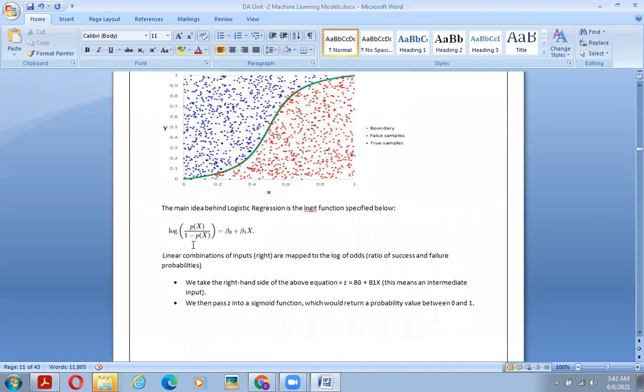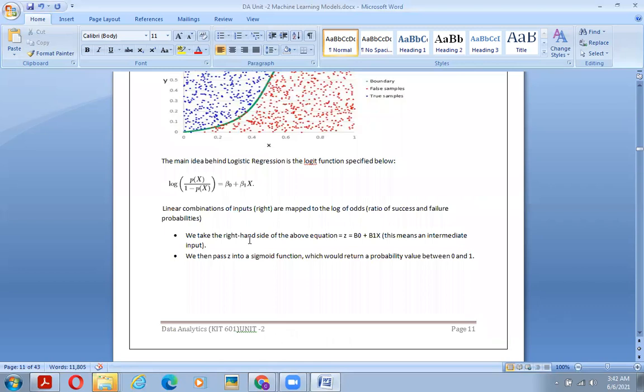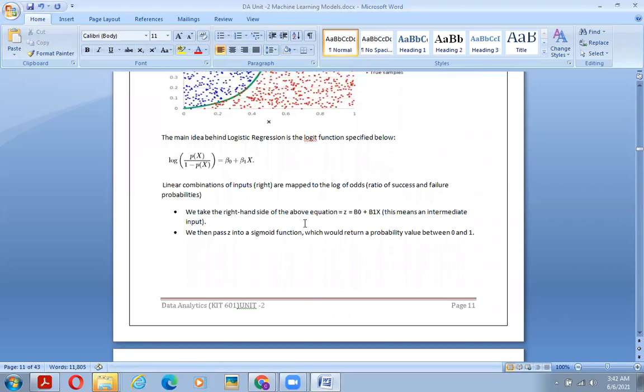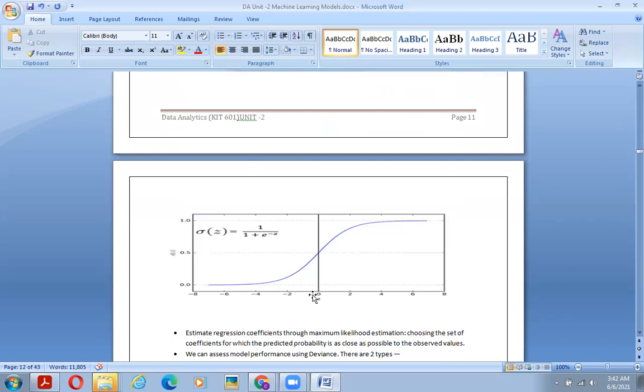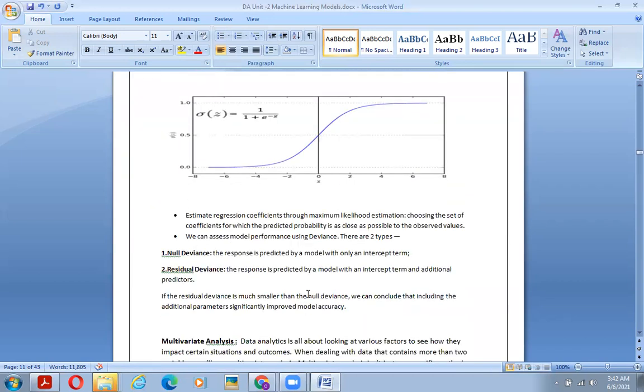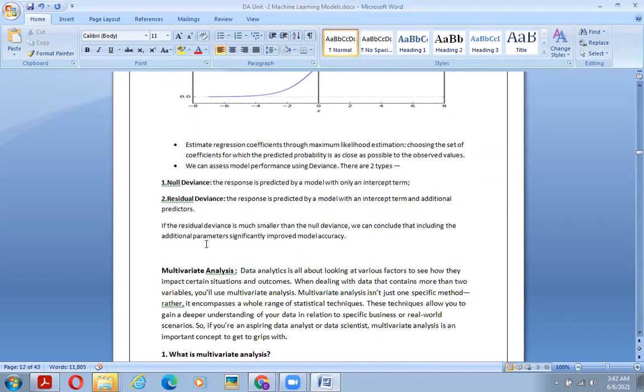For this we need the logistic function: log of p(x) over 1 minus p(x) equals b0 plus b1 x, where b0 plus b1 x is just the intermediate input. We create an S-shaped graph and try to get a result of true or false, calculated with the formula 1 divided by 1 plus e to the power minus z.